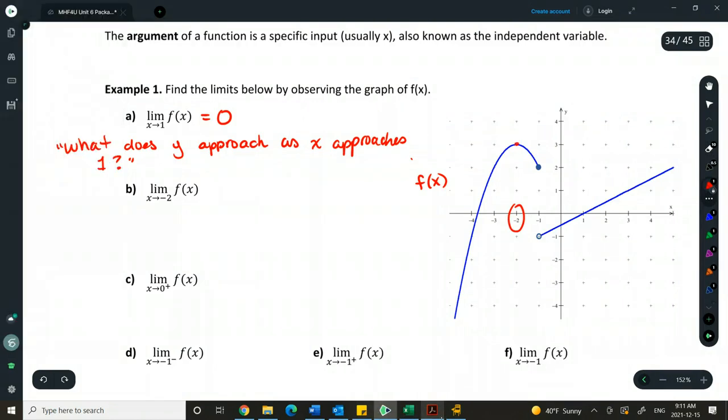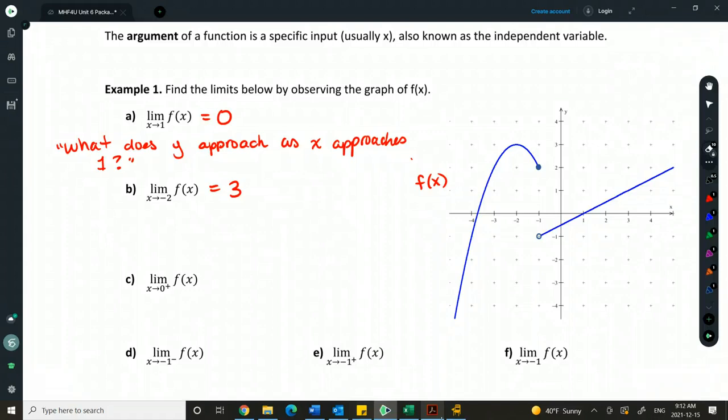So if we approach this on our graph from both sides, what is y approaching as x approaches negative 2? Yep, so 3. Okay, so we've got that down. It's pretty straightforward. Just what is y approaching as x approaches that specific value?